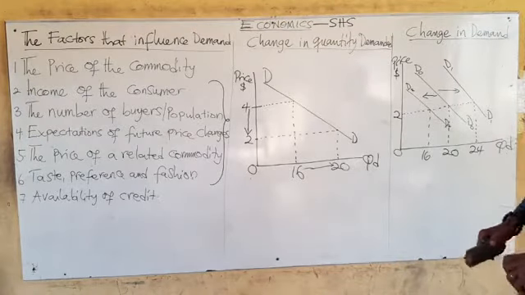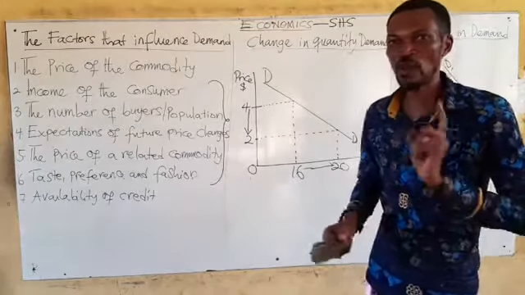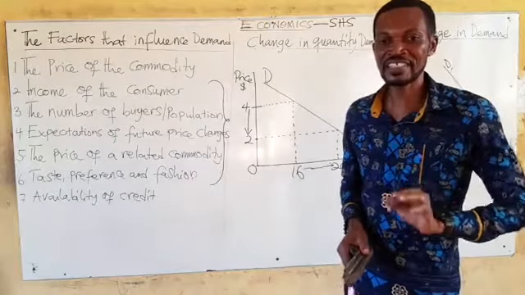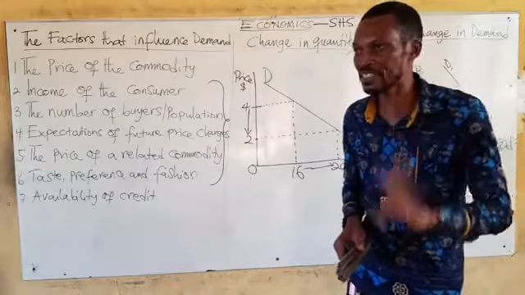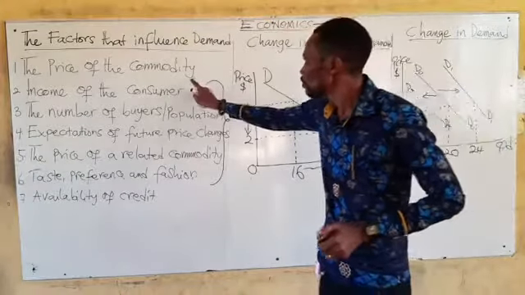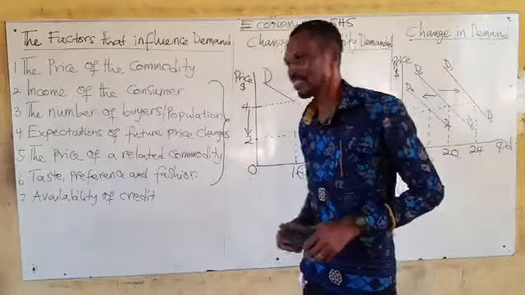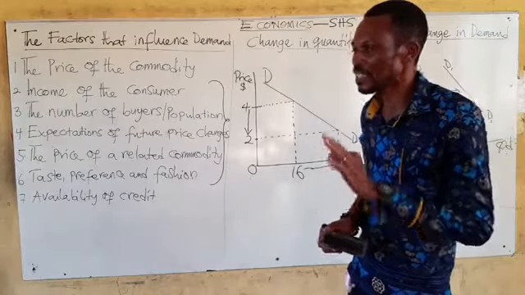So the secret here, in your WASSCE exams, when you are asked, give 4 factors that influence demand, the word is influence demand. Please don't mention price. Mention the other factors. Why am I saying so? Because I said factors that influence demand.